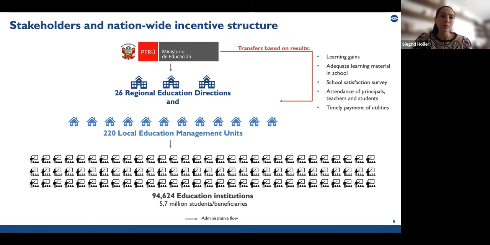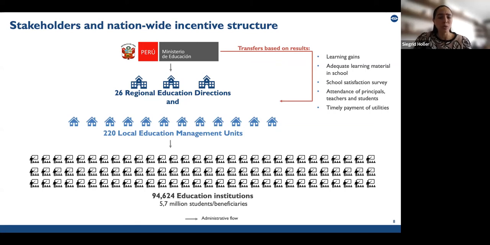We helped the ministry in 2016 to redesign the program to make it more catalytic. Some of the things that we redesigned were the indicators that were going to be incentivized. To give you an idea of which indicators are generally used for this program, one of them is learning gains, both in reading comprehension and math.